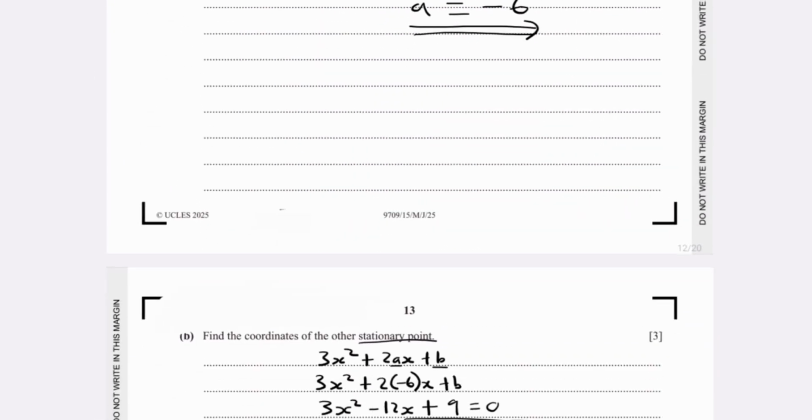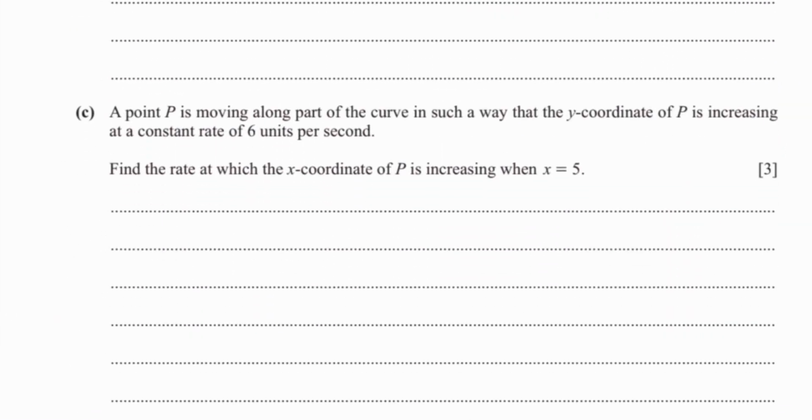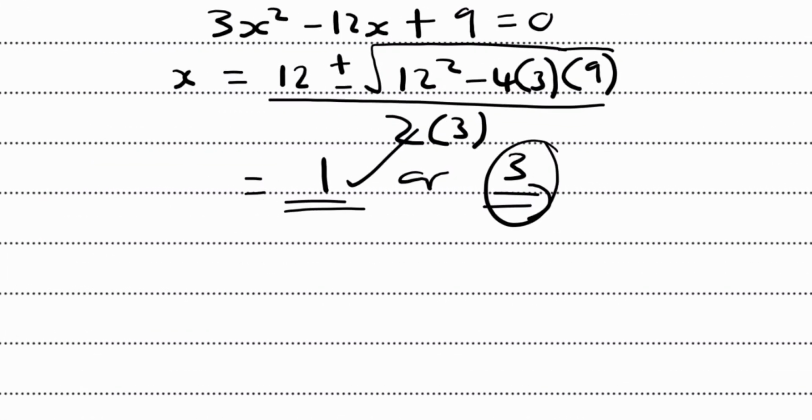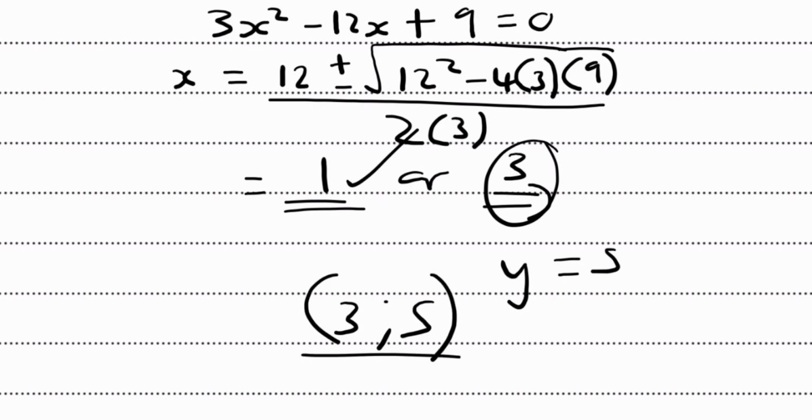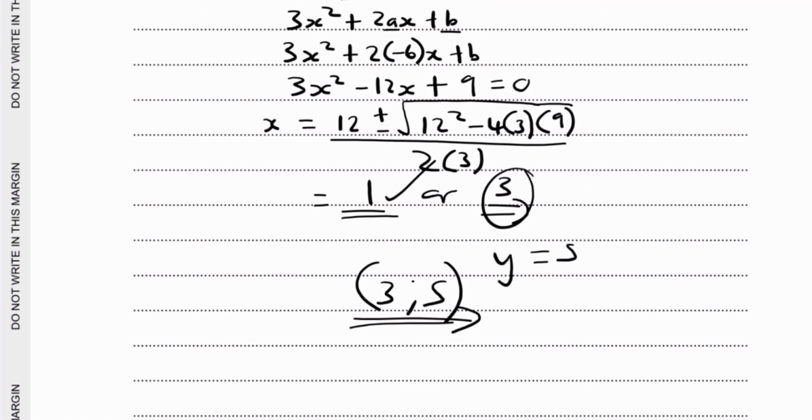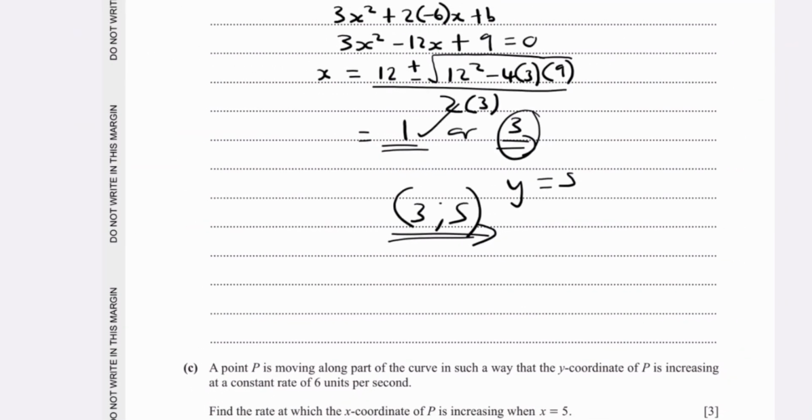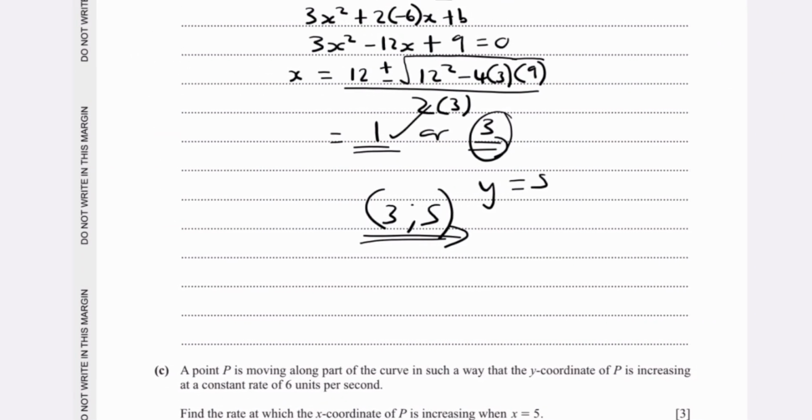Then we get 5. So when x is 3, y equals 5. So the coordinate will be (3, 5). This is the other stationary point. Right? You do that, you get 3 marks.